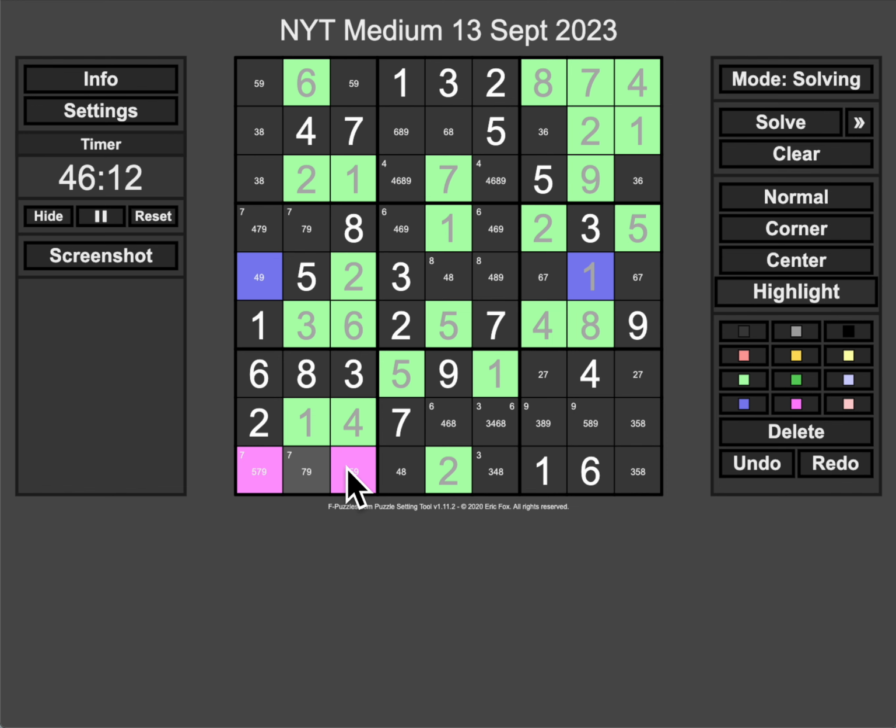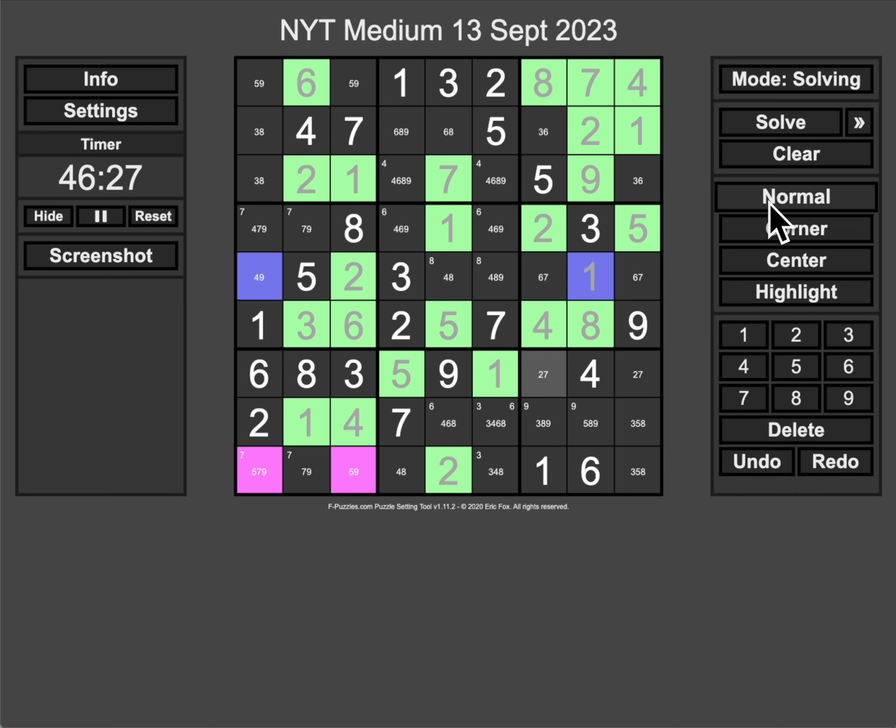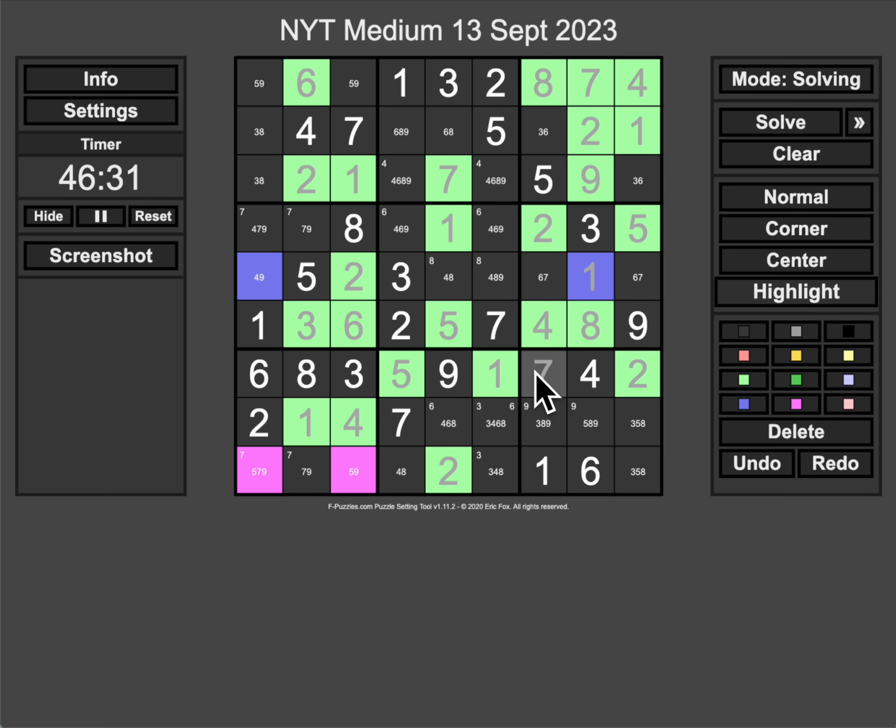Still haven't resolved this yet. I still have my derived X-wing on 7s that I haven't figured out. Oh, let's see, 2. That's 7. That's 2. Help me with anything?